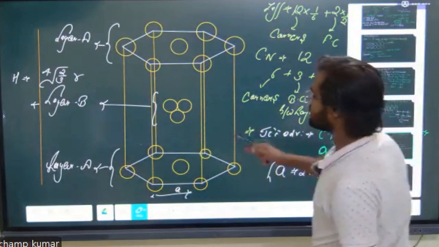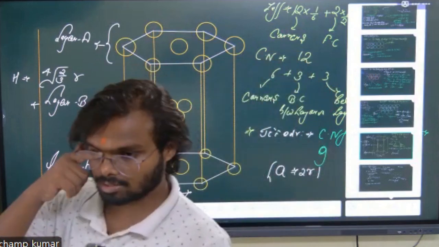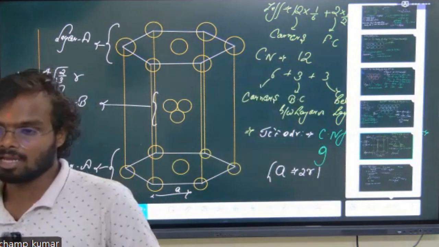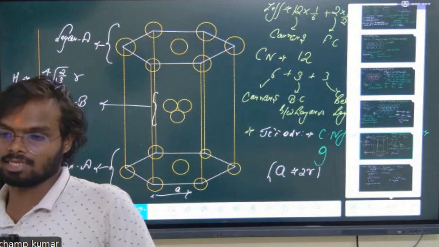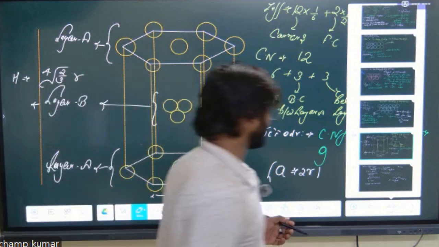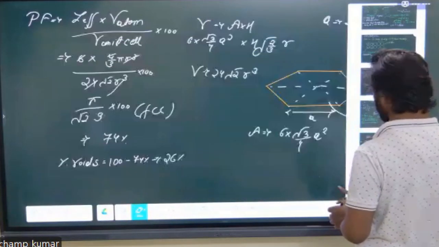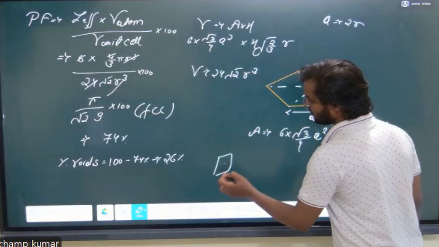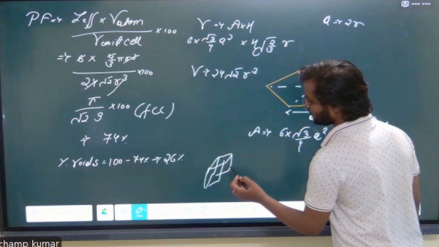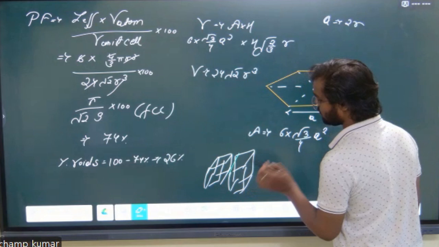But what is the benefit in this type of packing? The benefit is that we are using a hexagonal structure. Hexagonal has one property, that it has very high packing.